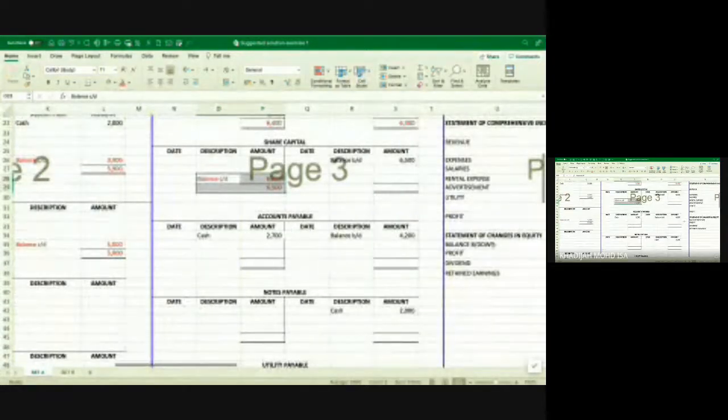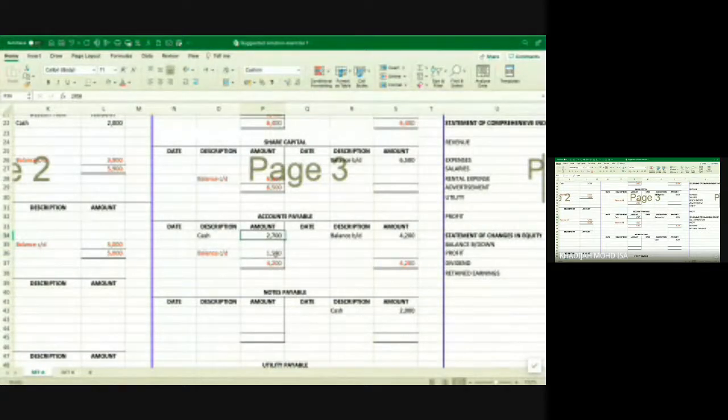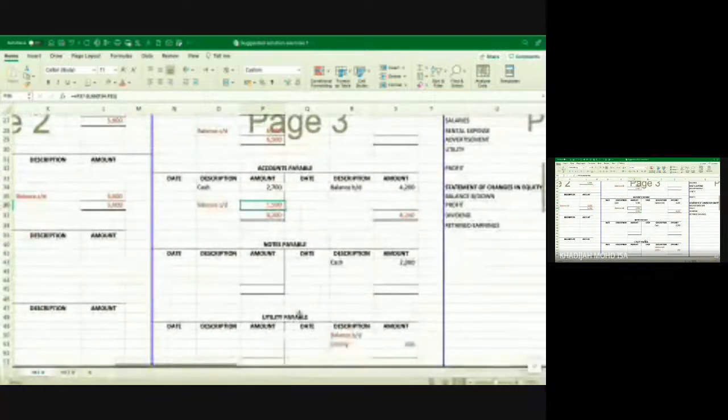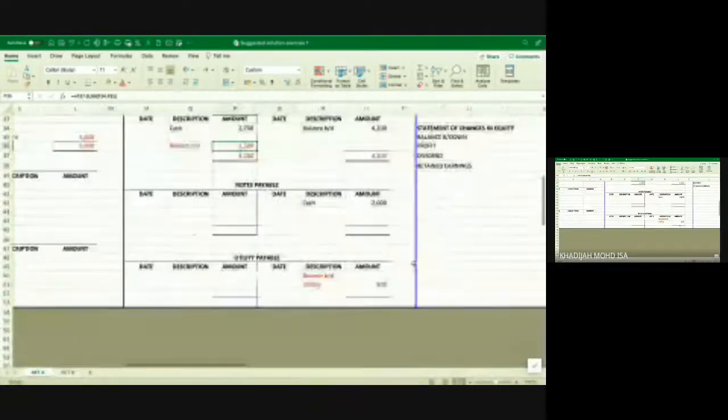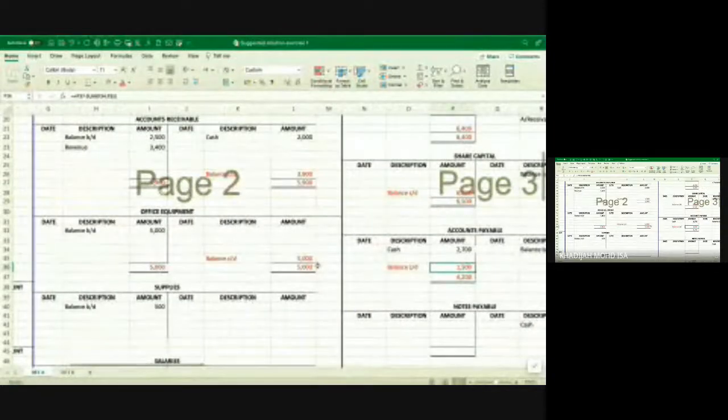Accounts payable, initially you have brought down 4,002, but then you paid cash 2,007, so the balance will be different. The balance will be 1,500, because you have made payment of 2,007 to your accounts payable. Note payable will be 2,000. So once you have all the accounts closed, then you go to the next step where you prepare your trial balance.